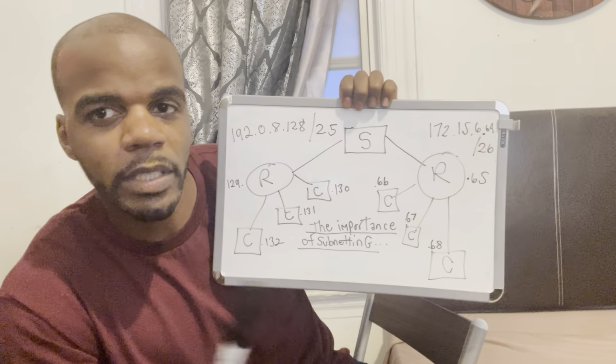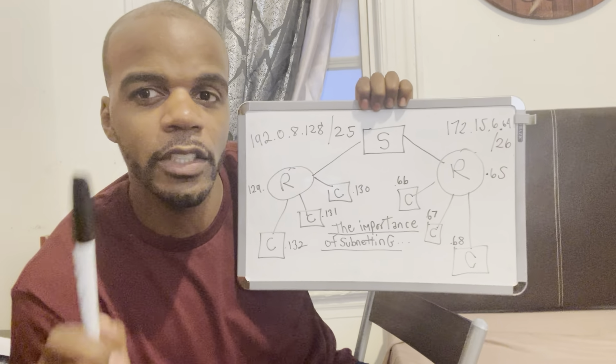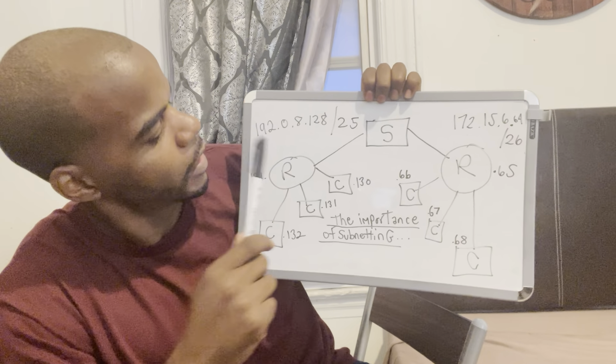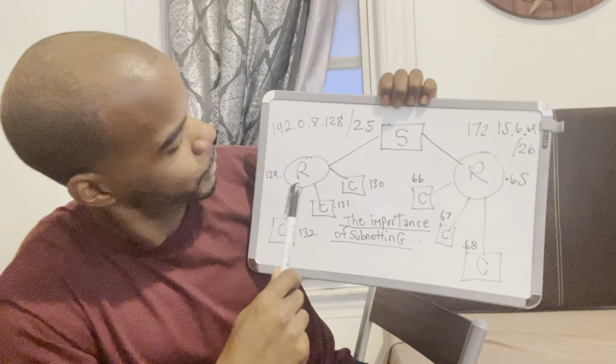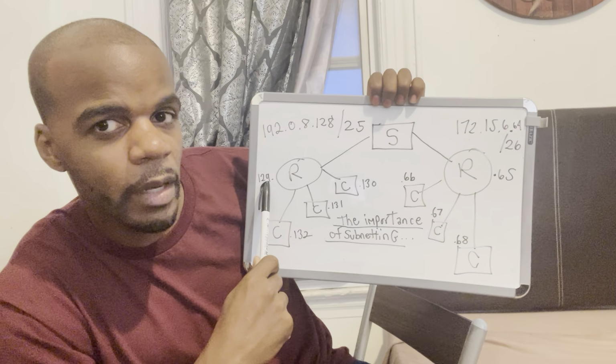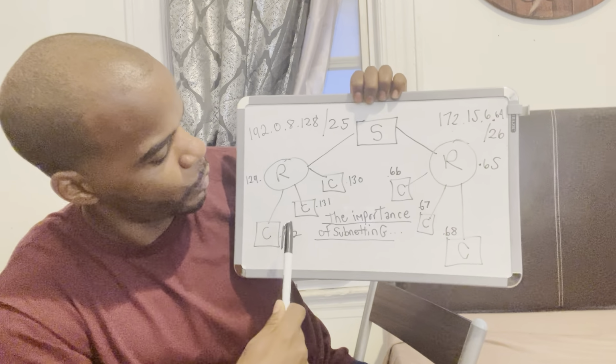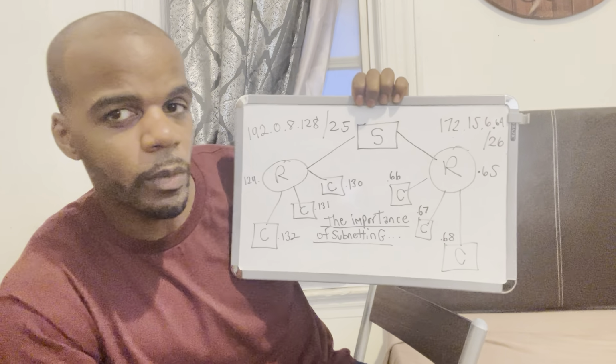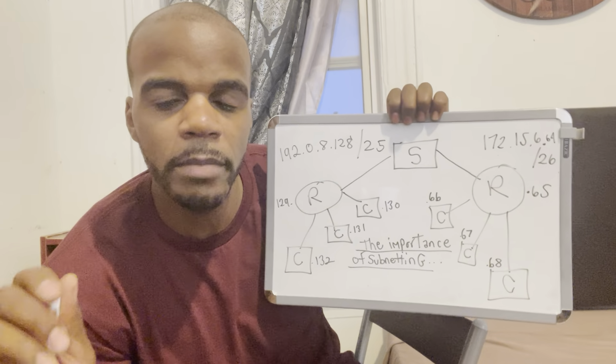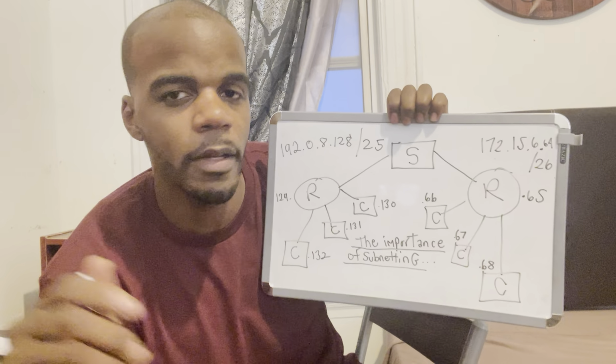So right here, we have a /25, which is a block size of 128. I started with 129 right here, 130, 131, and 132. This is what subnetting is about. This is how easy it is.